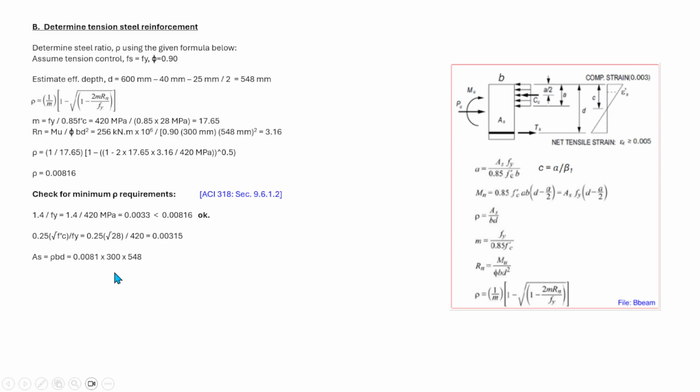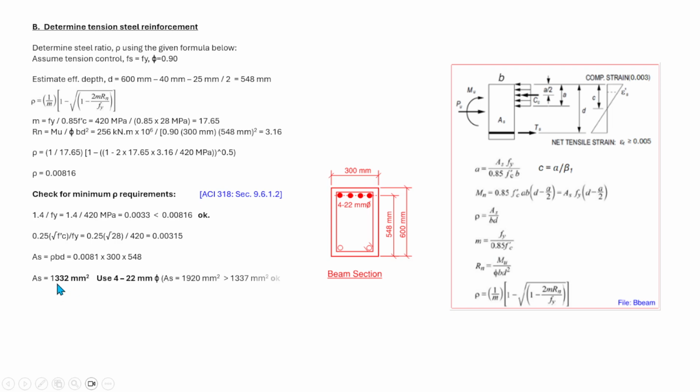Now, the actual required steel reinforcement is equal to rho bd, which is equal to 0.0081 times 300 times 548. So the actual required steel reinforcement is equal to 1,332 mm squared.